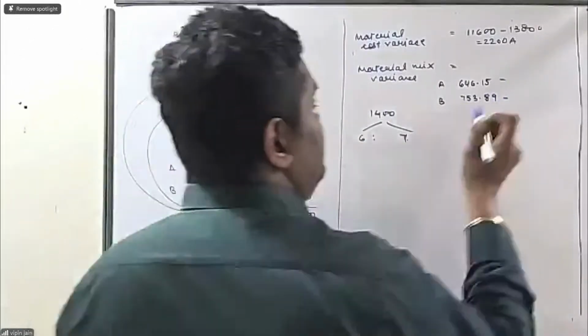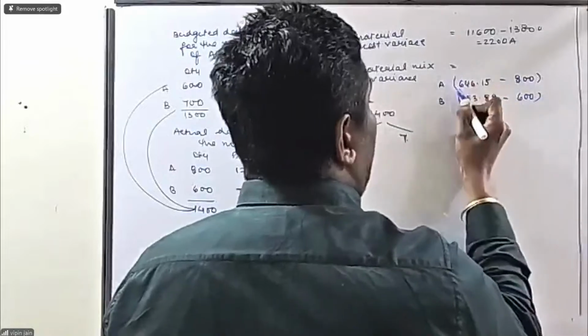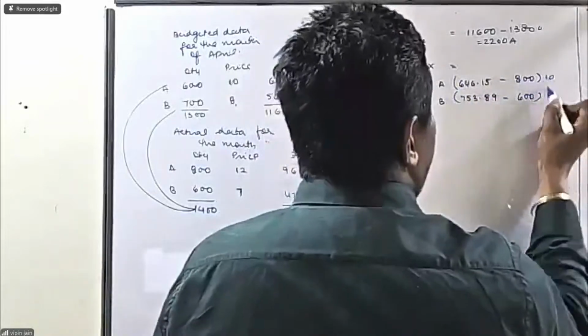My actual mix is 800 and 600, into my standard price 10.8.